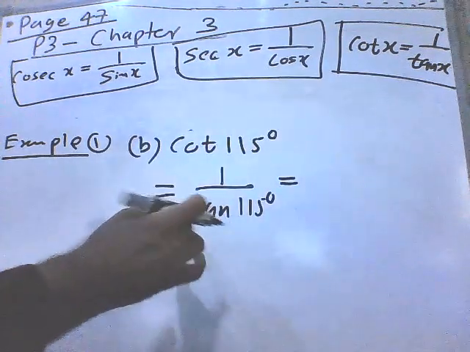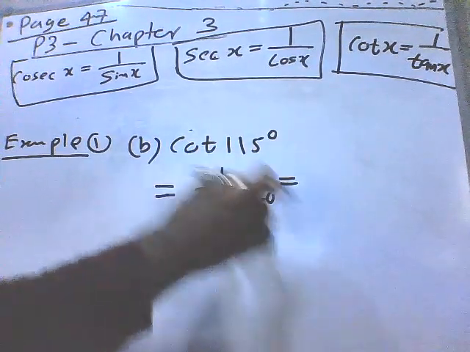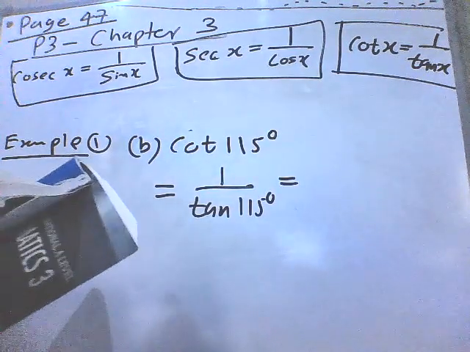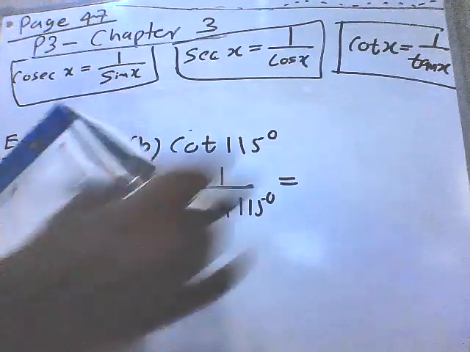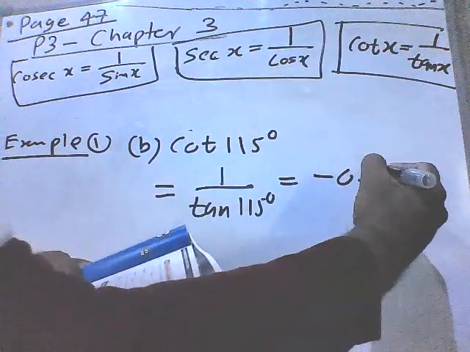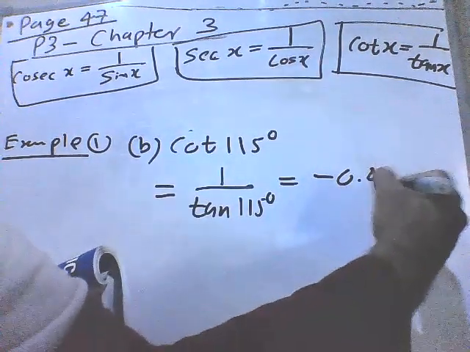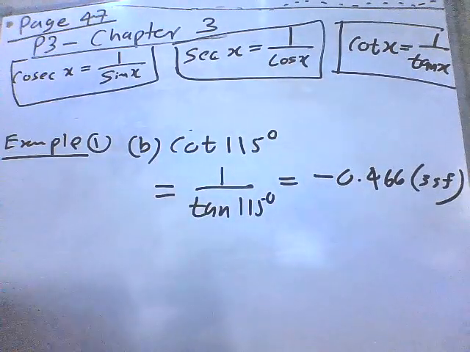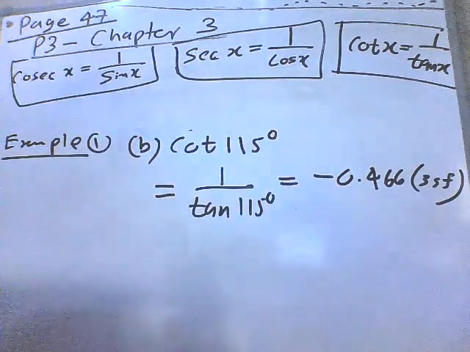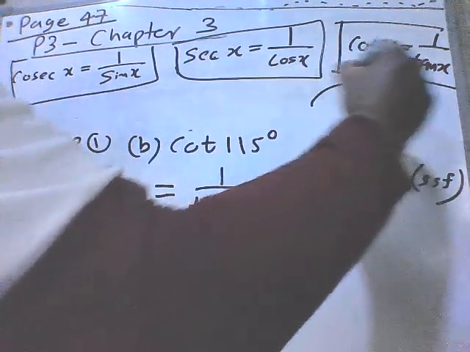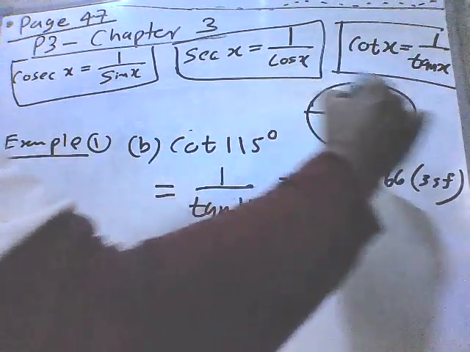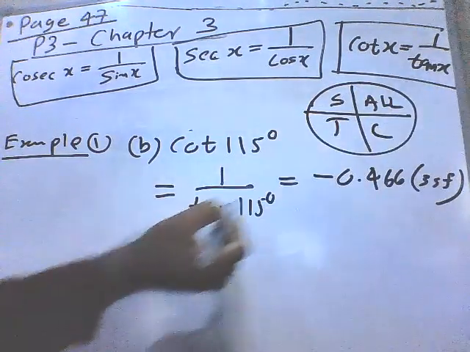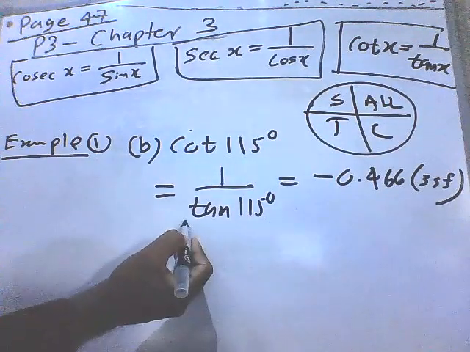Of course you can put this into the calculator, and the answer will come minus 0.466 to 3 significant figures. We can also check whether this negative value is correct. Using the quadrants, all S T C, we are going to find tan 115.